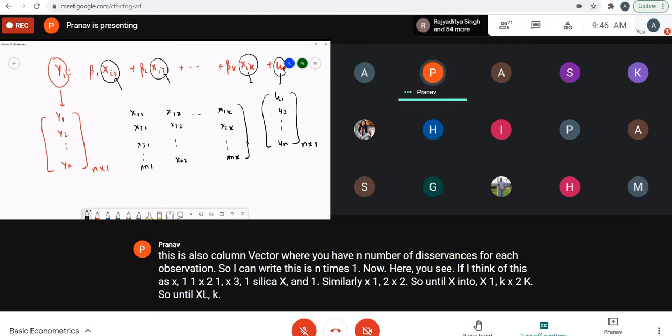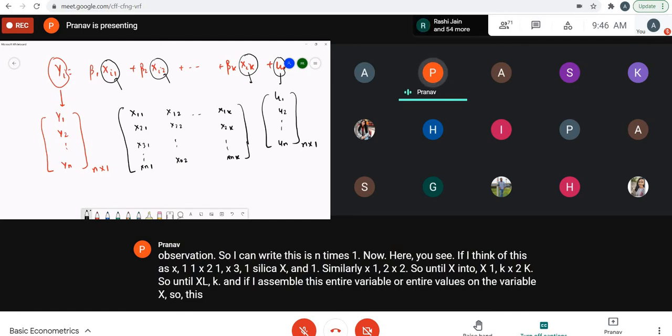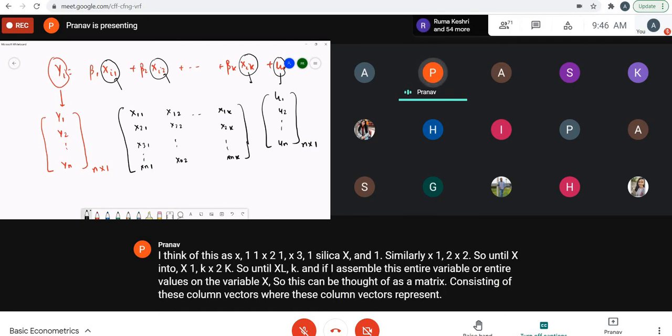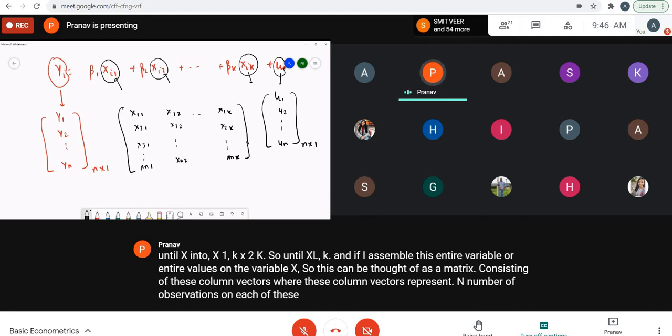And if I assemble all these values on the variable x, this can be thought of as a matrix consisting of these column vectors, where these column vectors represent n number of observations on each of these explanatory variables.